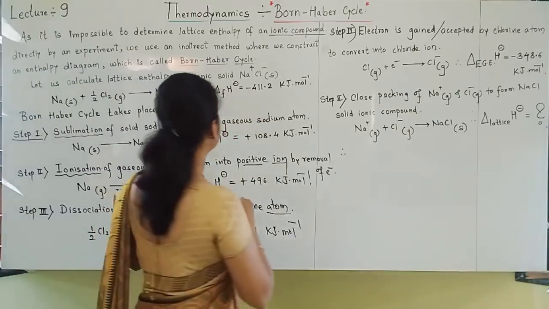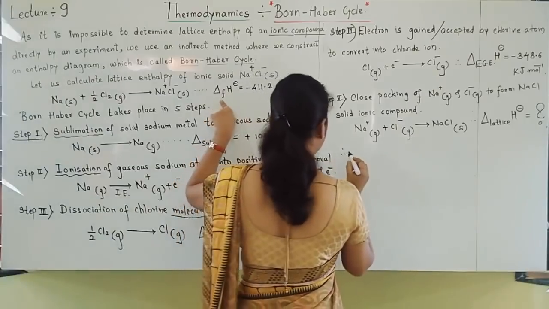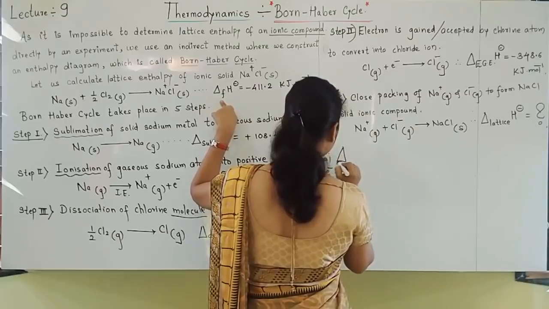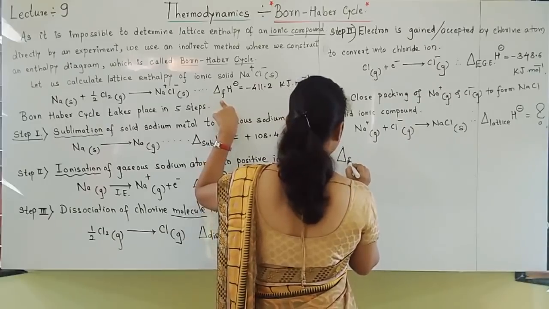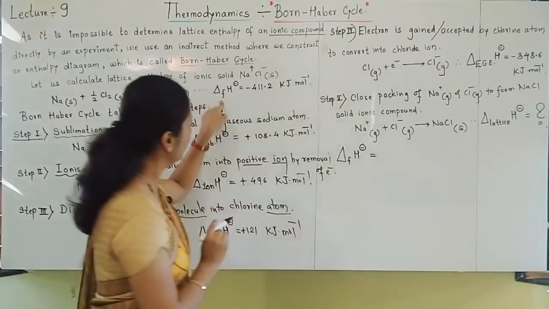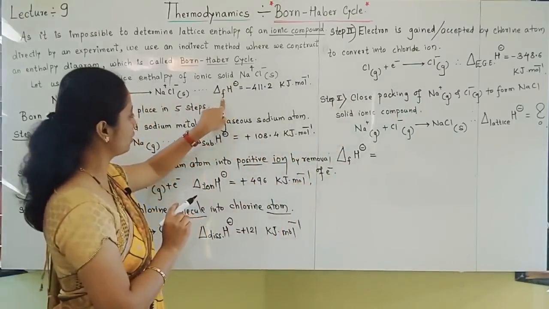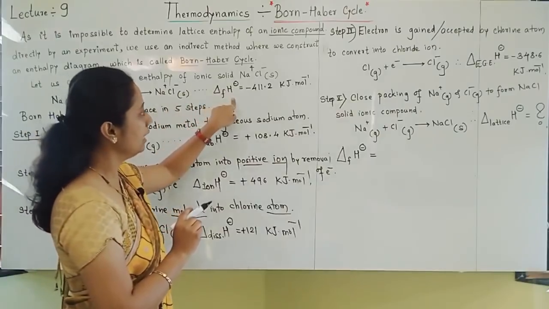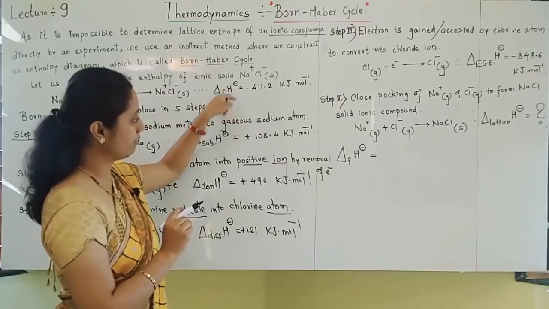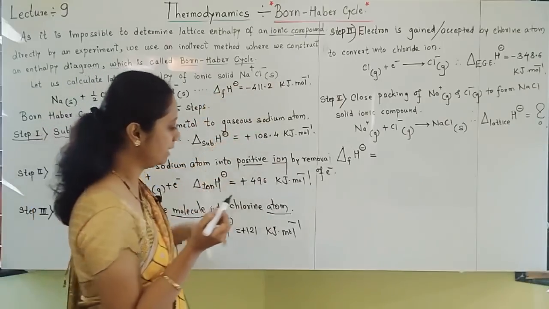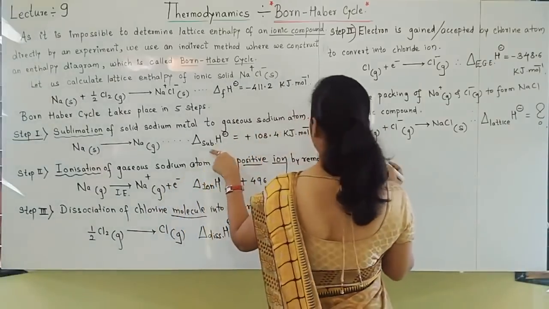So what I will write, students, here, delta H of formation, whose formation? NaCl. This value is always equal to all these 5 values together. So all these 5 values I will write, one by one.